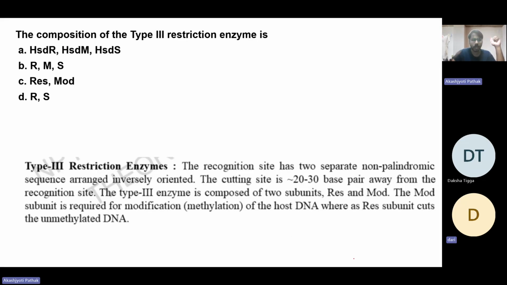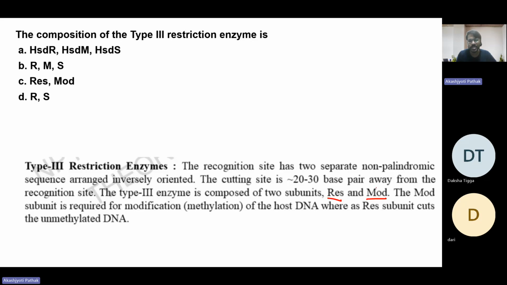Okay, the composition of type 3 restriction enzyme, what is it? The recognition site has two separate non-palindromic sequences arranged in inverse orientation. The cutting site is 20 to 30 base pairs away from the recognition site, and the type 3 enzyme is composed of two subunits. One is RES and another is MOD.